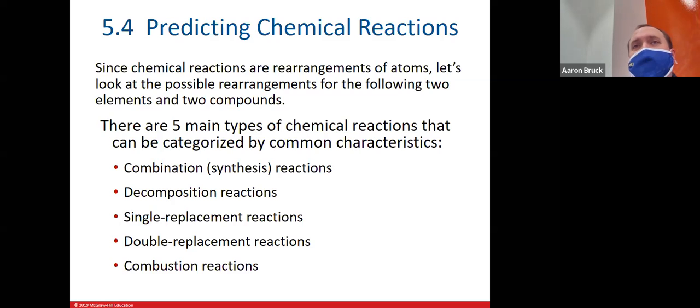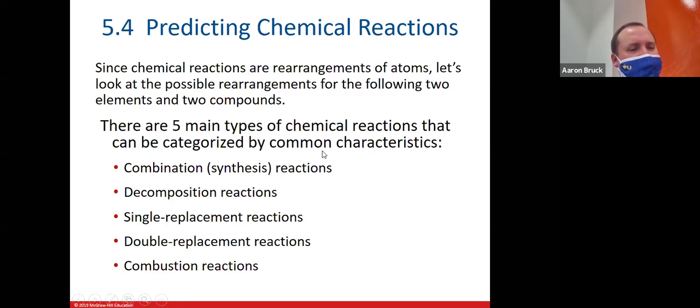Those were the kinds of things that you had to learn how to predict in lab. Understanding these 5 chemical reaction types goes a long way toward helping you do that. And so we're going to go through each one of these in some more significant detail and give you some things to look for along the way to make sure that you're on the right track.